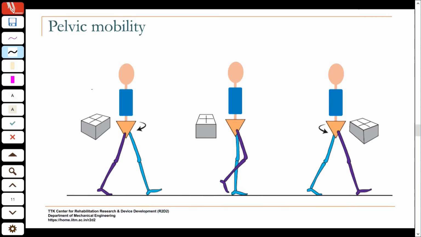But the other one is, if you look at the pelvis from the transverse plane, the pelvis moves back and forth, and that actually helps to increase your step length.